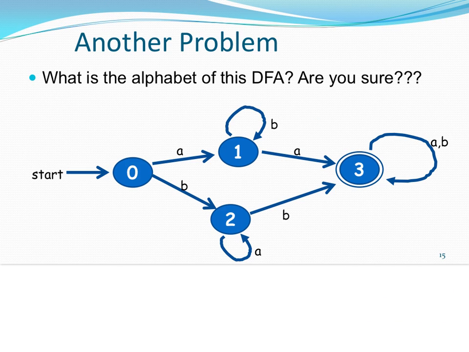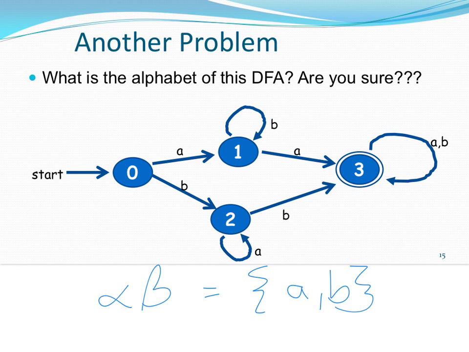So, question. What is the alphabet of this DFA? Are you sure? Pause the video, think about it. So the answer is the alphabet for this DFA is going to be the set containing just two symbols, A, B, right?